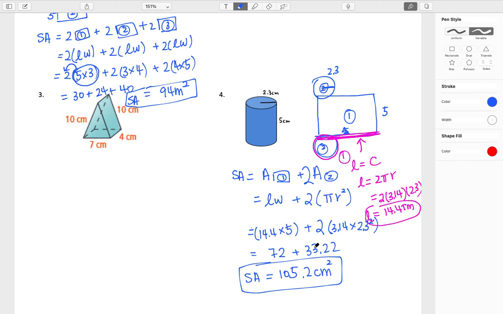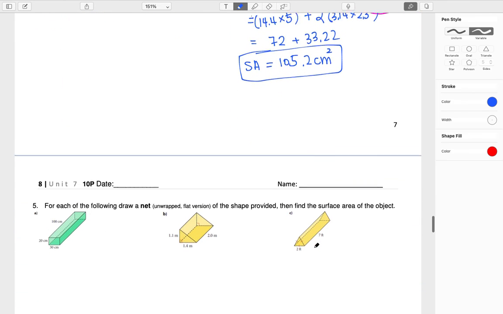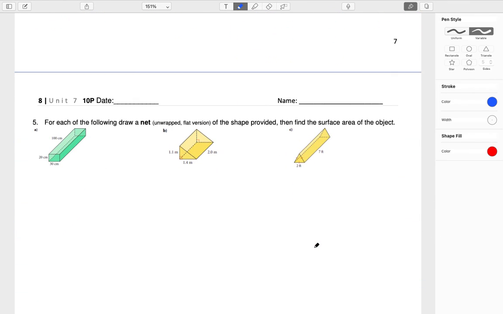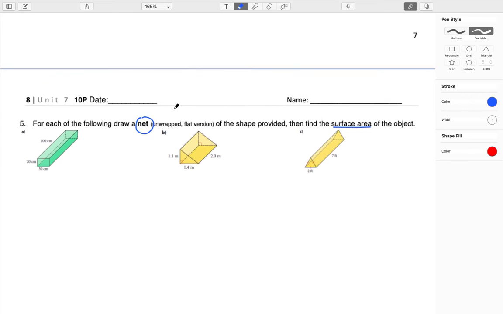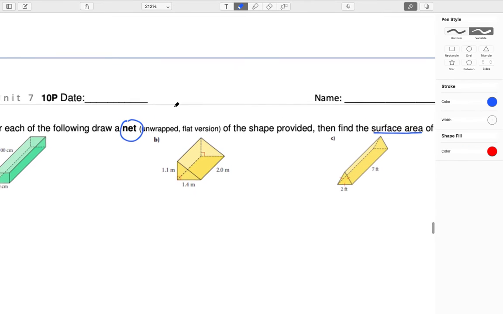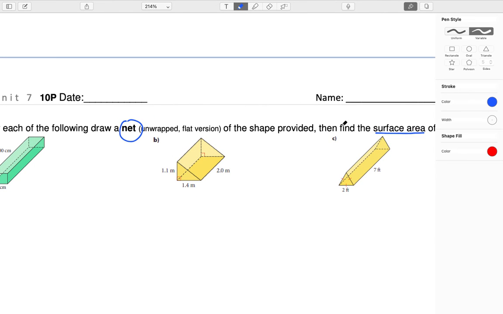Okay, good. Now let's try the next example, number 5. For each of the following, draw a net of the shape provided and find the surface area. If you look at letter B and C, we're given a pyramid. Oh no, not pyramid, it's a prism, sorry.